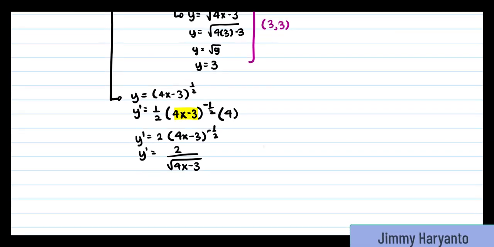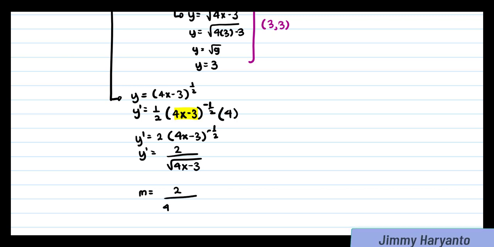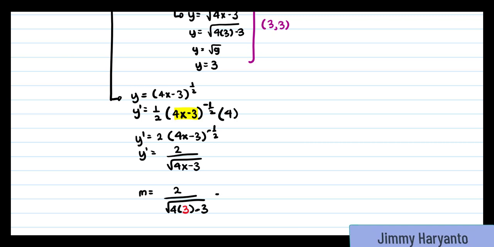And then to find the gradient, we only have to input the value of x into the y prime. So we will have gradient equals 2 over the square root of 4 times the x. The x is 3 before, minus 3. So we will have 2 over 3 as the gradient of the tangent.